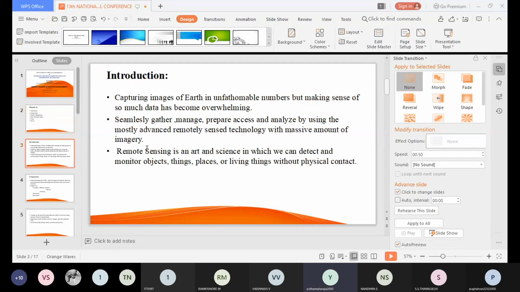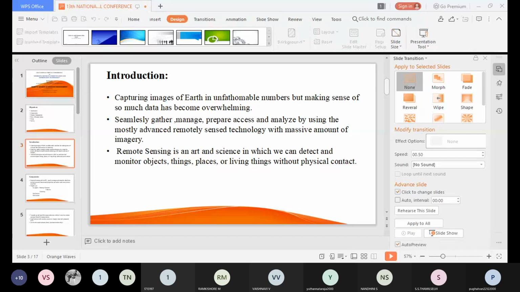So in the introduction, generally we are able to capture images of the earth with higher resolution. For that we use remote sensing, especially satellite remote sensing. Using satellite remote sensing, we can cover the entire earth.